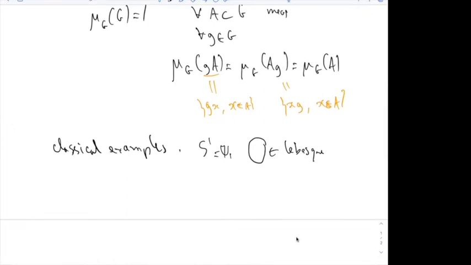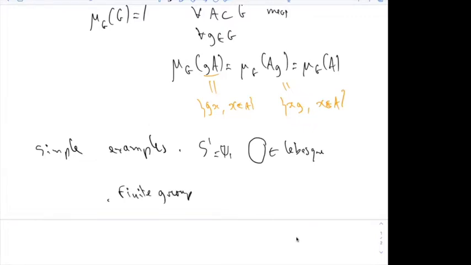Then I have also, well, classical is not maybe a good word. Maybe I should say simple examples. So another example would be a finite group.